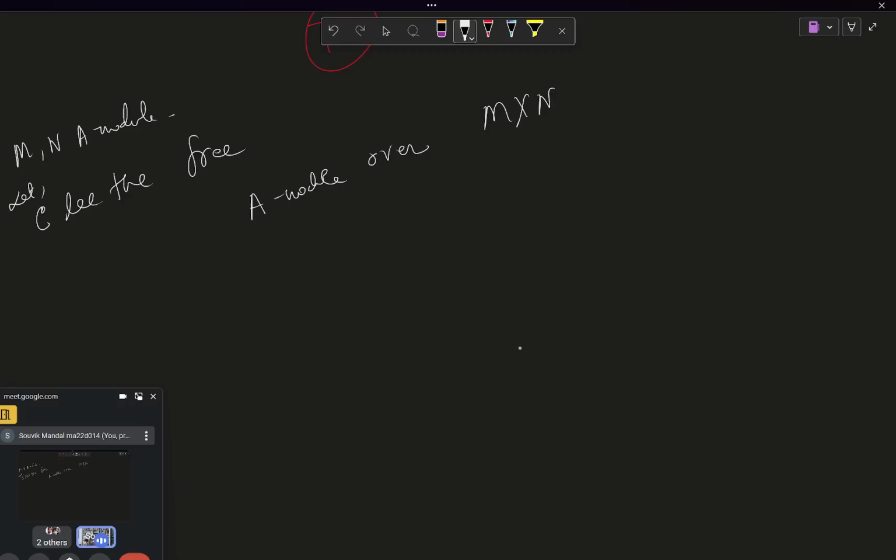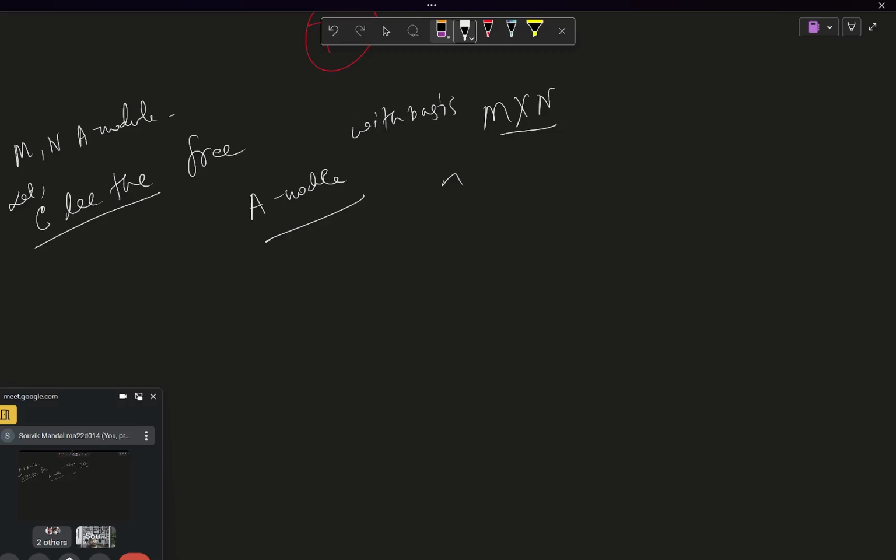M cross N is a set. Let C be a free A module over M cross N. Do you understand this? Let's make it easy: a free A module with basis M cross N. Do you understand the meaning of this line?